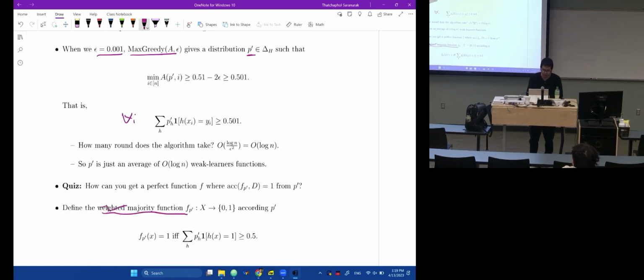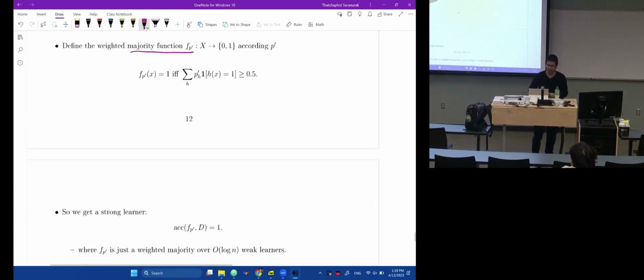Actually, you don't need to have weights, but yeah, just define the majority function according to P prime, and say that you predict 1 if more than half of the weak learners say that it's 1. And now you're done. You get a strong learner. Everything will be correct.